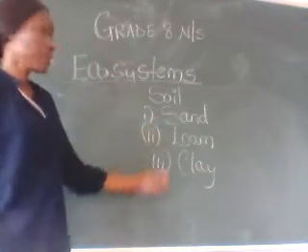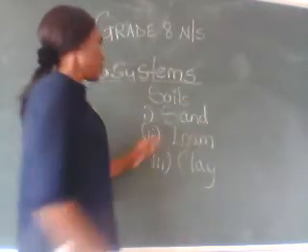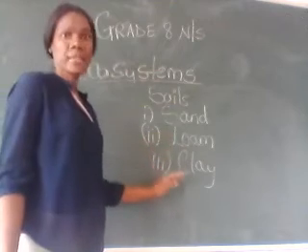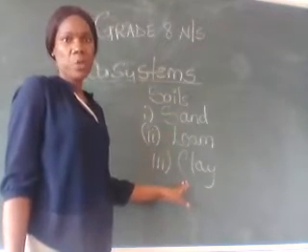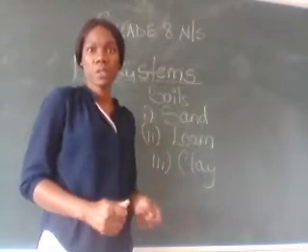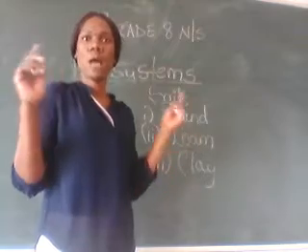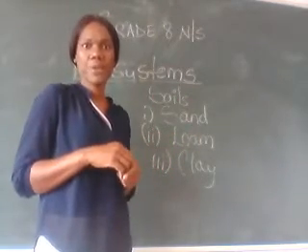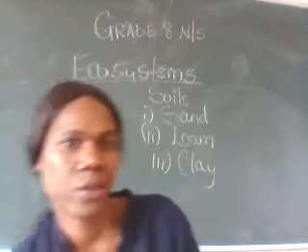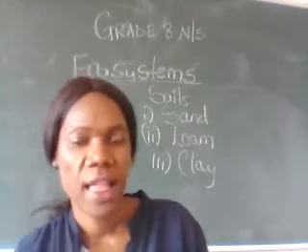So these are the three types of soils that we have. Now I'm going to characterize each one of those soils individually, so that you'll be able to answer that table which I've given you. So please pay attention. I'll start with the first one, which is the sand soil.